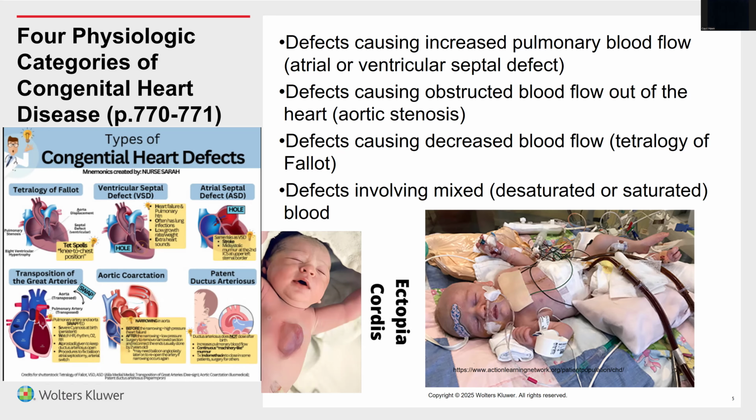Tetralogy of Fallot is made up of 4 different cardiac anomalies, and because of this, these babies tend to be your blue babies, your cyanotic babies. They'll often have TET spells, or hypercyanotic spells that typically when we see that occurring, we can put the baby in knee chest position, and that will actually help with the TET spell because of the way it forces the oxygenated blood to flow.